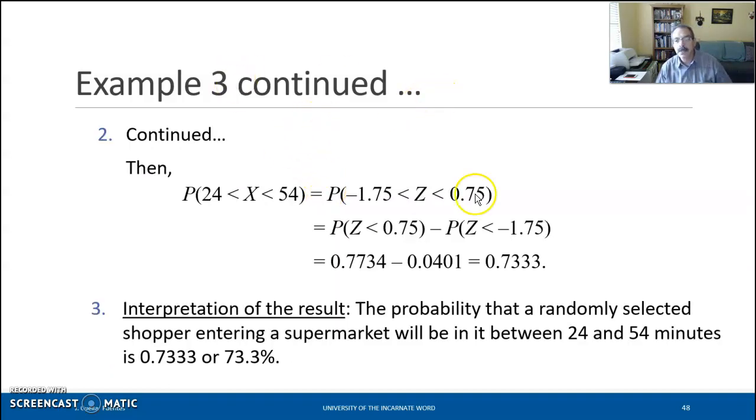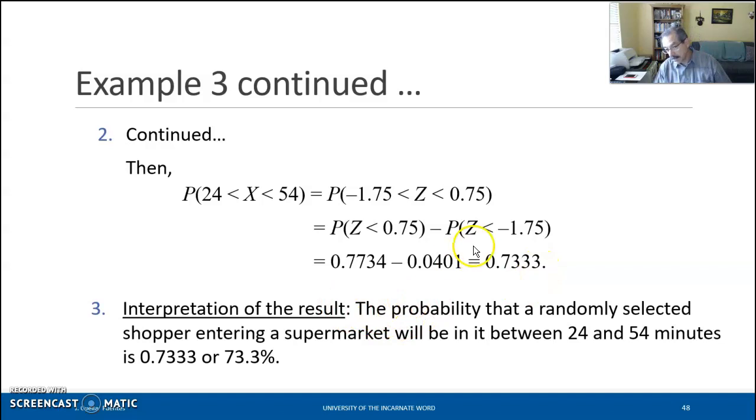And that's what I'm doing in this part. So to find this probability that the shopper is in the store between 24 and 54 minutes, it's equivalent to asking that the z value is between minus 1.75 and 0.75. And as I mentioned, we subtract the smaller probability from the larger probability, and you see that we find 0.7333. Once you have the probability, then you interpret.